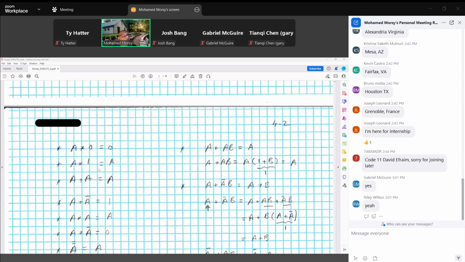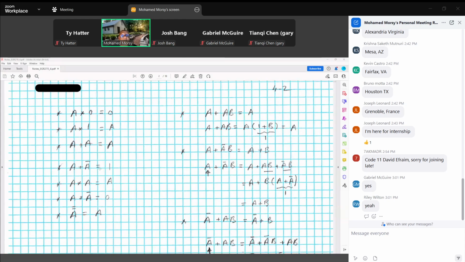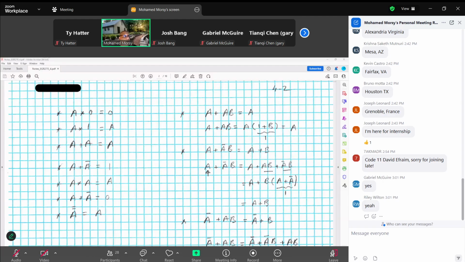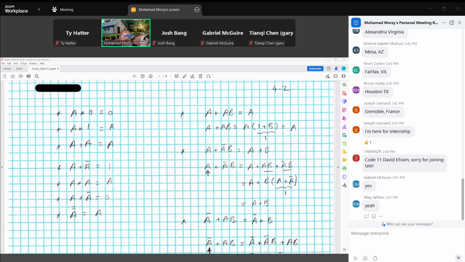All these properties serve for the design. How? When we are given a task to design a digital circuit, first of all, you need to use a minimum number of gates, or a minimum number of ICs. We will see examples where you have a logic function with many terms added.